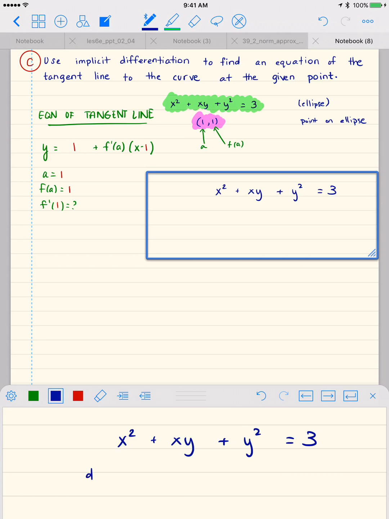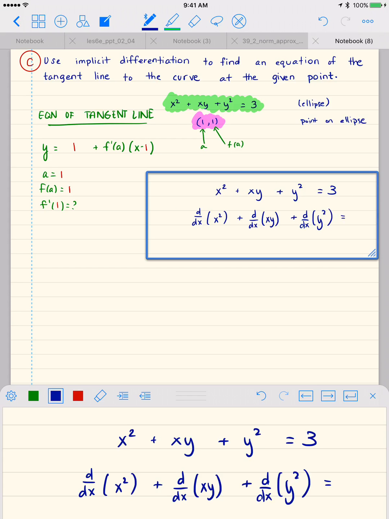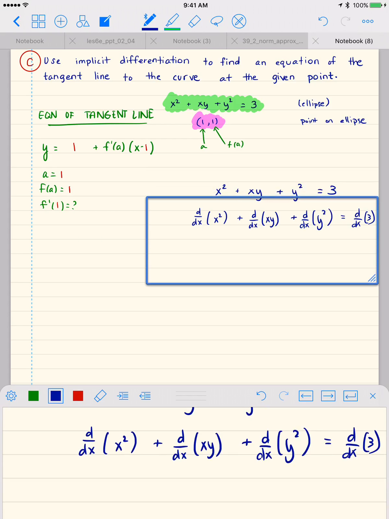We're going to take the derivative with respect to x of x squared, plus the derivative with respect to x of xy, plus the derivative with respect to x of y squared, is equal to the derivative with respect to x of 3. The derivative of 3 is just going to be 0 because 3 is a constant.